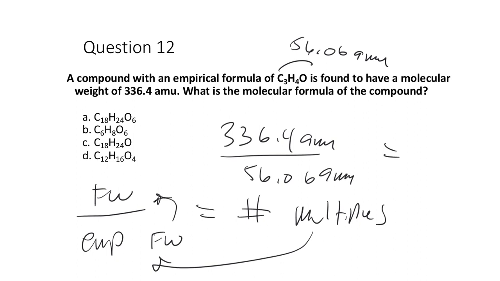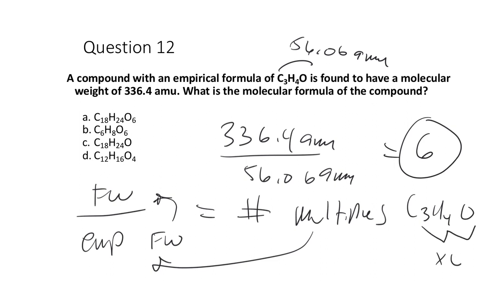If not, we've made a mistake in our math somewhere. And I get 6. Okay, so then I have 6 multiples of C3H4O, so I need to multiply each of these by 6. That's going to give me C18H24O6. Right there. All right, so I'll do it for this activity.